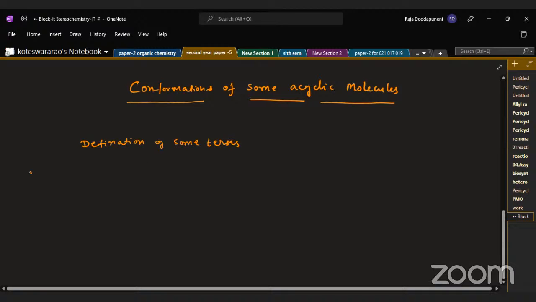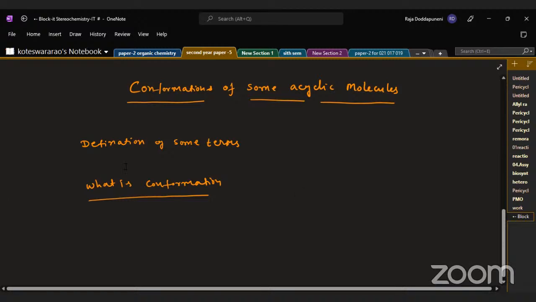The first one is, what is conformation? Here, this unit particularly deals with acyclic compounds.